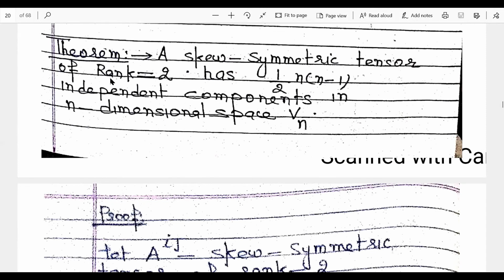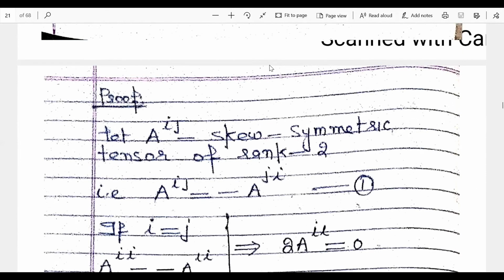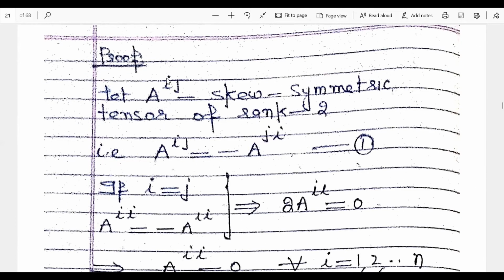The next result: a skew-symmetric tensor of rank 2 has 1/2 n(n-1) independent components in n-dimensional space. Again, we take a contravariant tensor which is skew-symmetric.